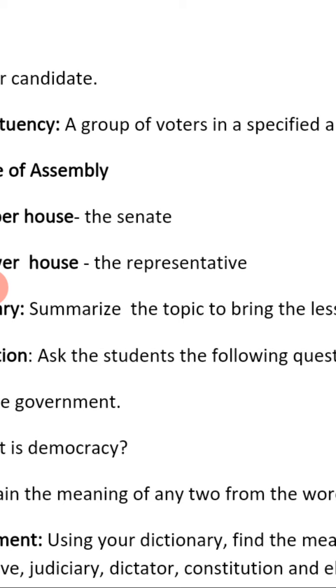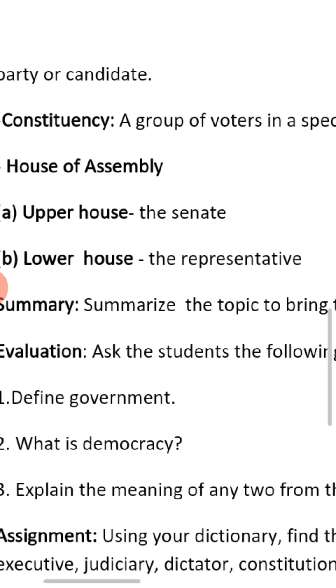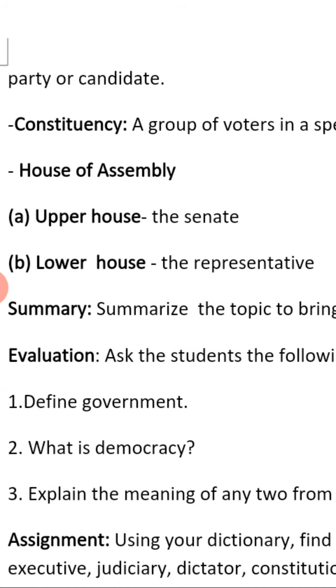Those people that are elected into this house are known as the representatives. The senate is headed by the senate president, while the representatives is headed by the speaker, that is the speaker of the house of reps. They call it right honorable.